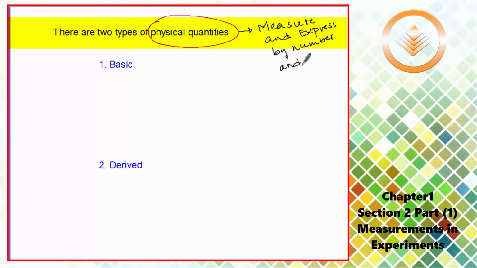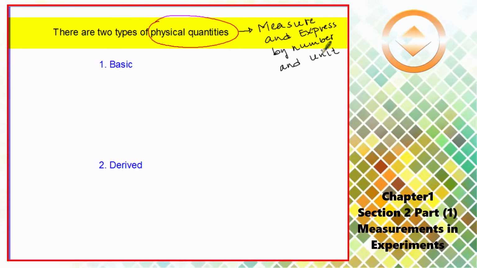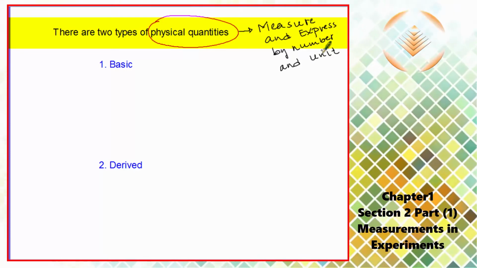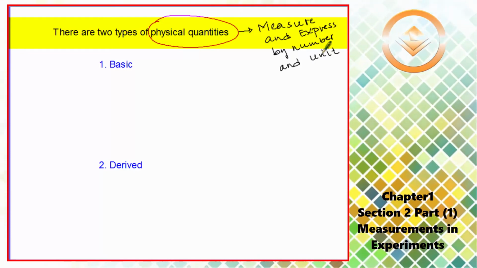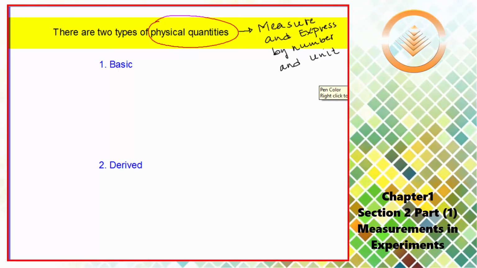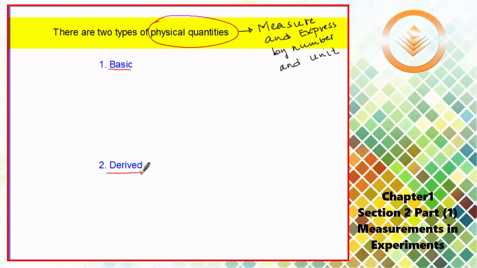And we have two types of physical quantities. One is basic physical quantity, the other one is derived physical quantity.